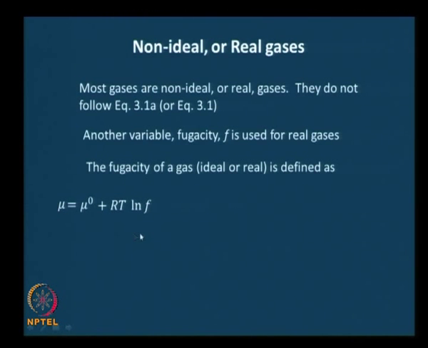This is not the complete definition. We should also add that fugacity F divided by total pressure P tends to 1 as the pressure tends to 0. This is the complete definition of a gas, whether real or ideal. Let us call this equation 3.1b.